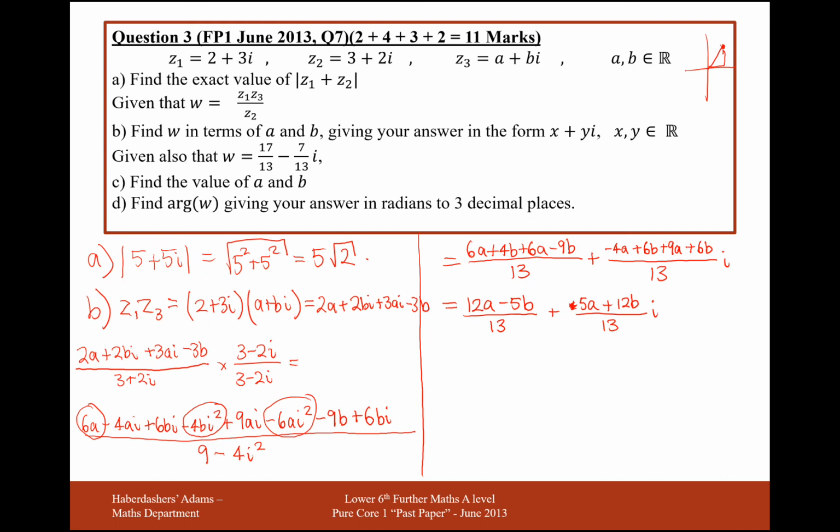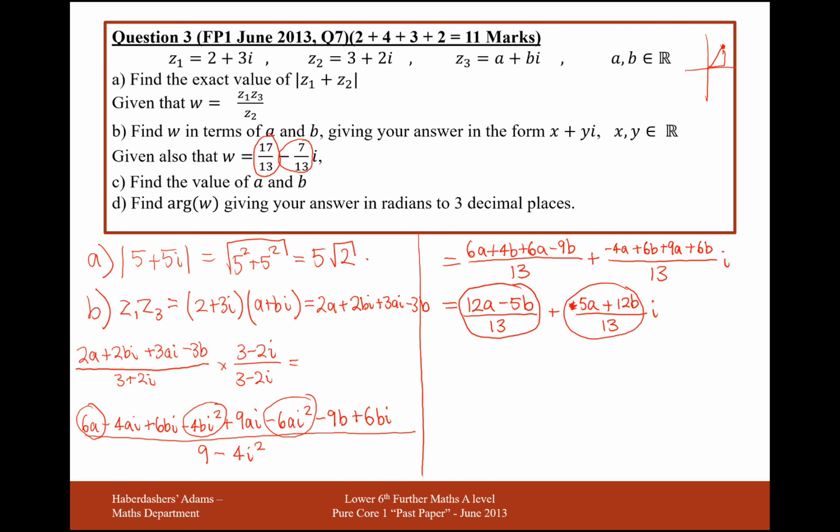Okay, so what we are going to do now is part C. Given also that w equals 17 over 13 take away 7 over 13i, find the values of a and b. So what we're going to do here is we're going to set the real part equal to the real part here, and the imaginary part equal to the imaginary part up here, including the negative part there.